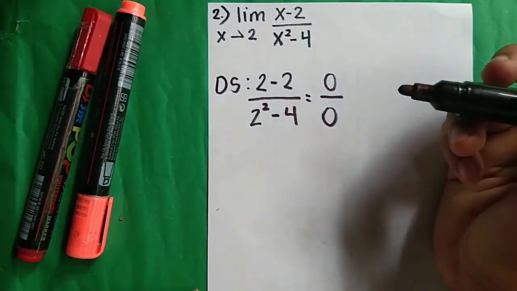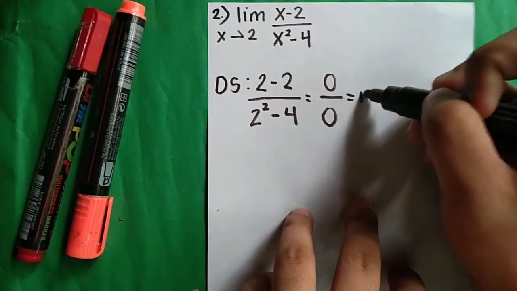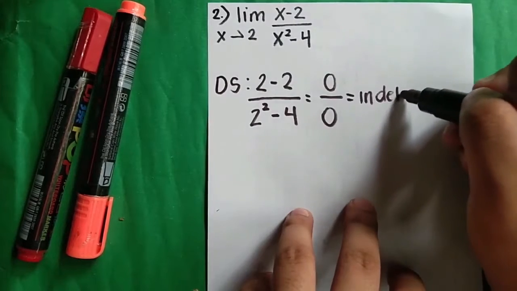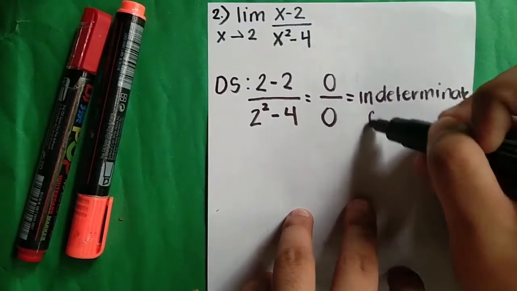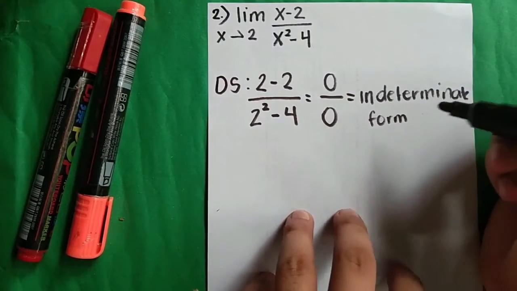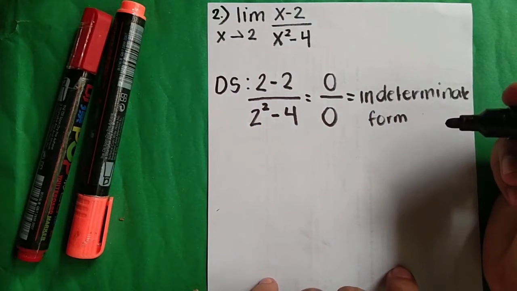When the answer is like this, it is called an indeterminate form. From here, we have to use either rationalization or factorization.